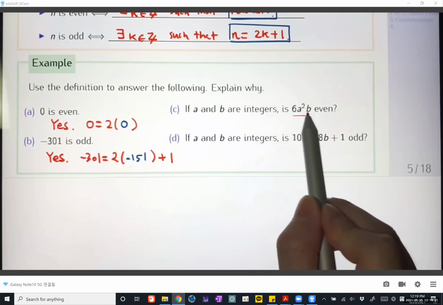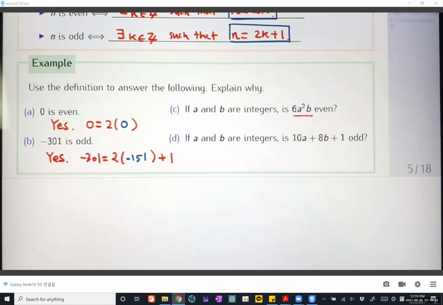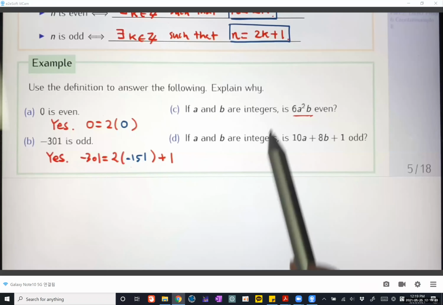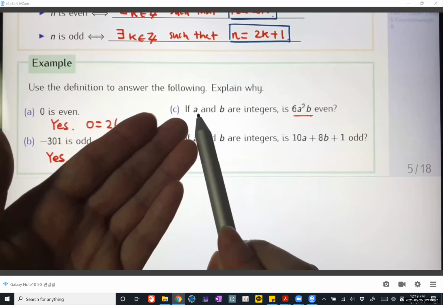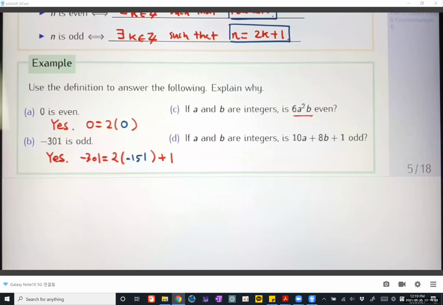How about part C? Do you think 6 times a squared b is even? Yes or no? What do you think? Six times a squared b. We don't know what a or b are, and we don't care.